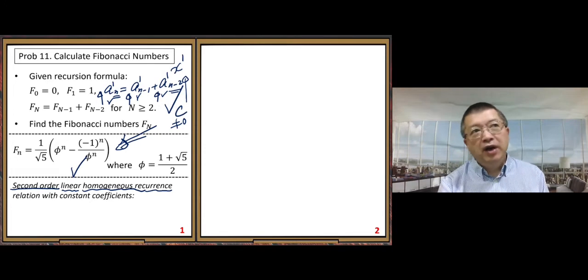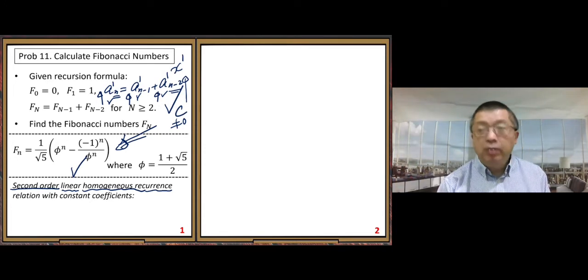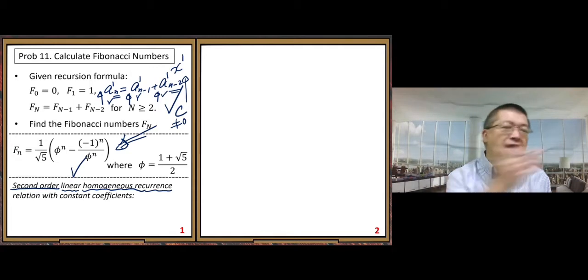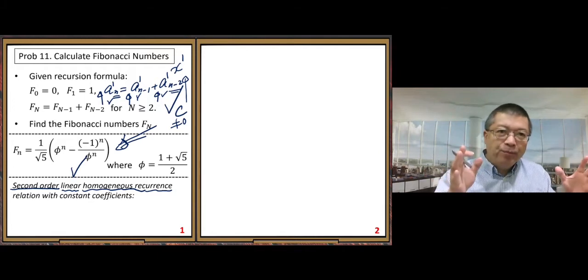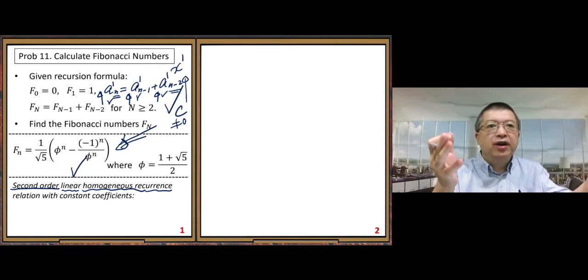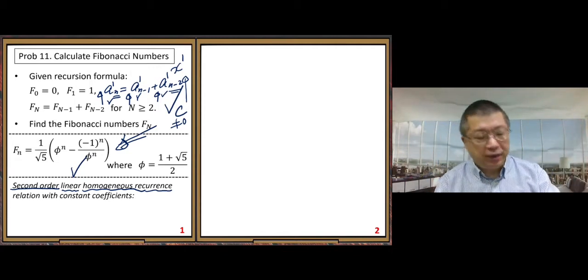You do not have a variable part in them. If you have a variable part, then it is very complicated. So with this long name, we get a relatively easier problem to solve.